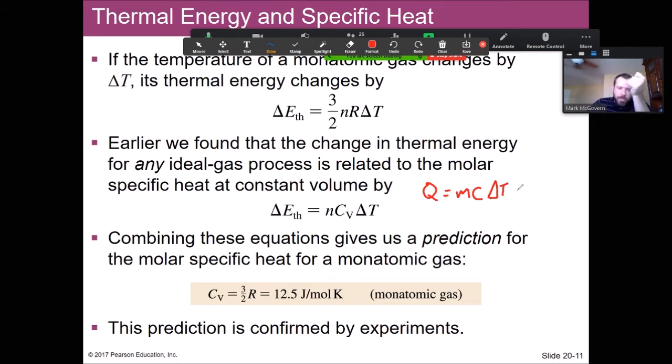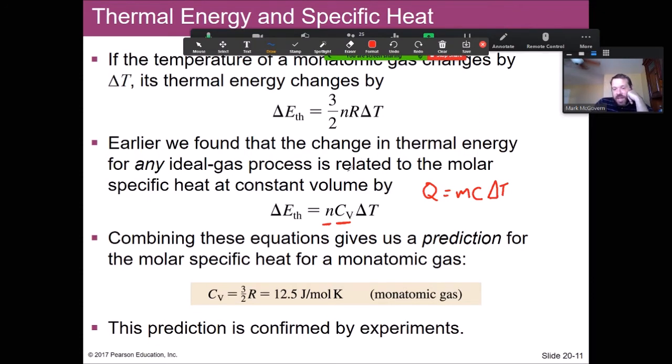But if you really go back to that first lecture and you dig through the slides a bit, I kind of mentioned something for a few seconds. I said, well, if you don't want to work with mass, you can work with moles, which is what we have here, moles. And then your specific heat becomes a specific heat by moles.